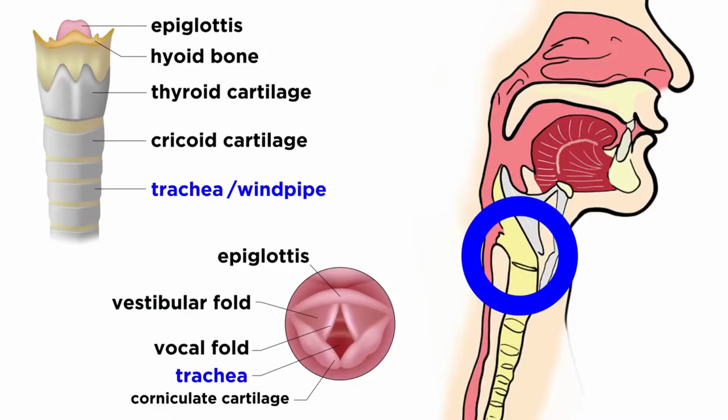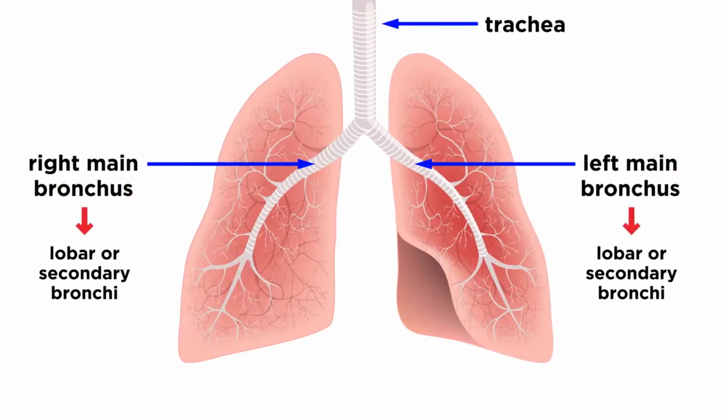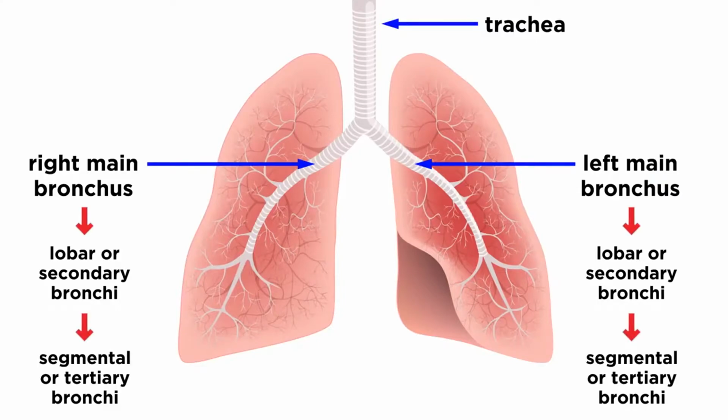Next, we find the trachea, or windpipe, which descends and divides into two main or primary bronchi, one to the right and one to the left. Each bronchus will quickly subdivide into lobar or secondary bronchi, which in turn branch into segmental or tertiary bronchi, and this continues even further until we get to passageways less than 1 millimeter in diameter, which are called bronchioles.